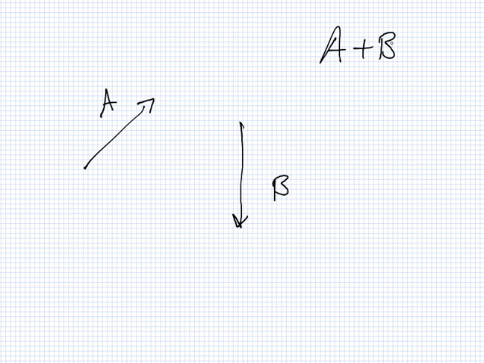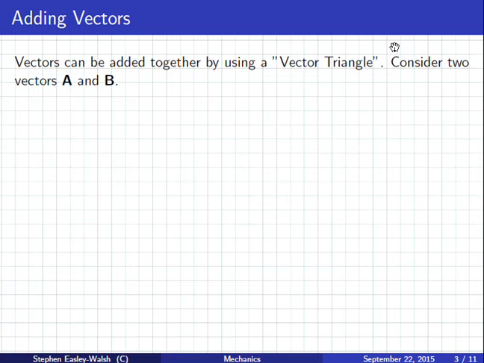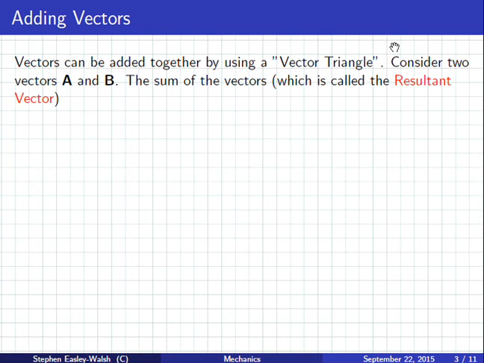We can start the B from the A. Yeah, this is the idea. You have to connect them like a path. You put the B together with the A. Let me show you that. By the way, that's very important vocabulary. When you add two vectors together, the answer is called the resultant vector.